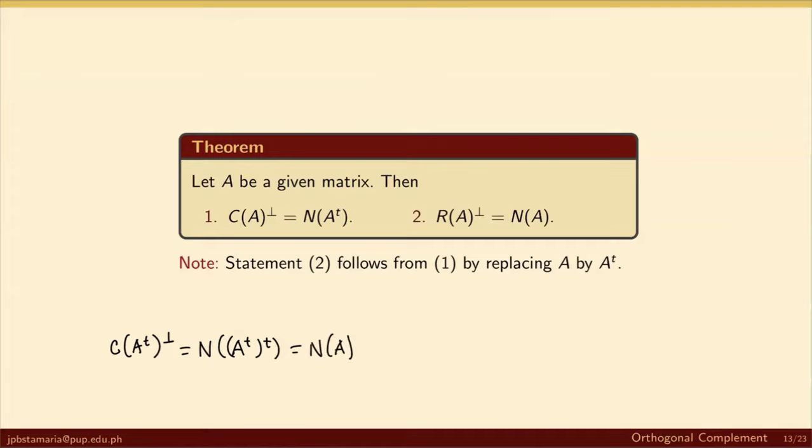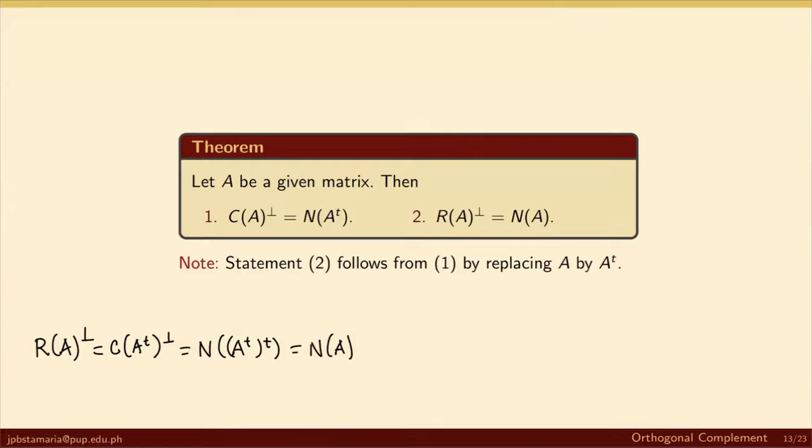A. And of course, the column space of A transpose is the span of the columns of A transpose, which is basically the span of the rows of A. And this is why the orthogonal complement of the row space is the null space. So we have established these relationships. Okay, so we have now answered the first question.